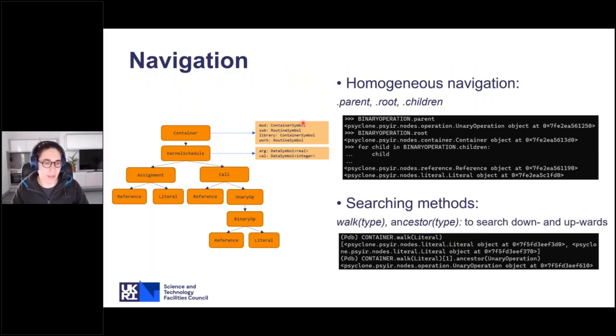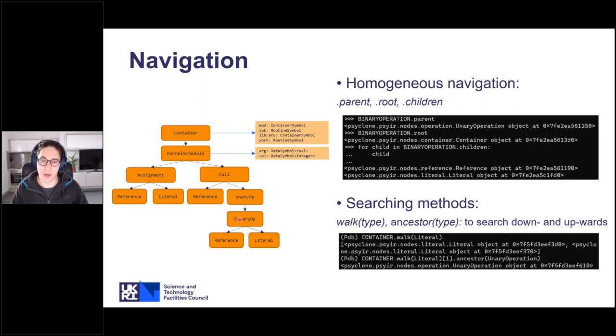Then the next thing that you probably want to do is know how to navigate the tree. We have two kinds of operations for that. One is what we call homogeneous navigation. This means that these operations are available for all the nodes in the tree, doesn't matter which kind of node they are. So for instance, here I'm doing an example of this homogeneous navigation with the binary operation, which is placed here.